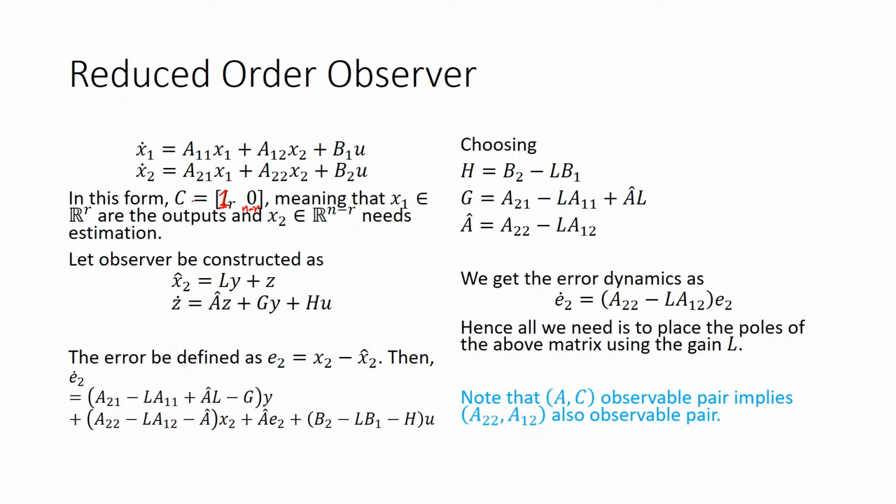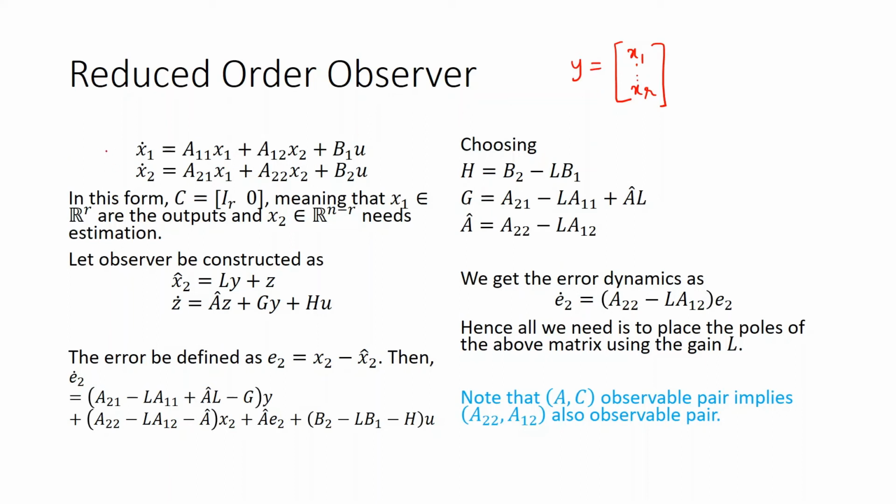That means the output is basically formed with I_R only, because Y is equal to x1 up to xr. So your x1 to xr, all these are your outputs.